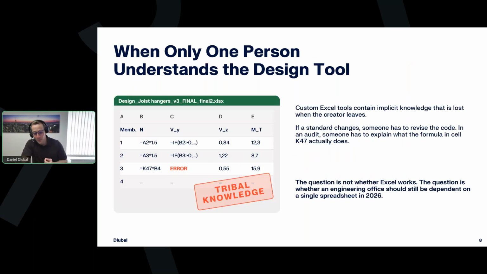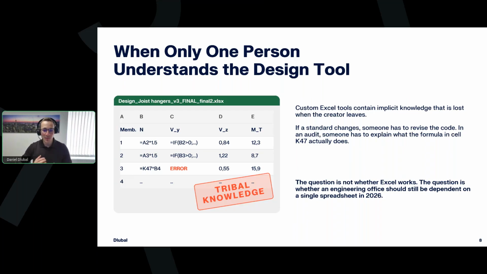When I was working as a structural engineer in some engineering offices, we also used a lot of Excel sheets, pretty fine and well, also simple to understand. But there was always this dependency on that guy who created this Excel tool. And when he left the company or was not there anymore, we could not ask him, okay, why did you do this and that thing?